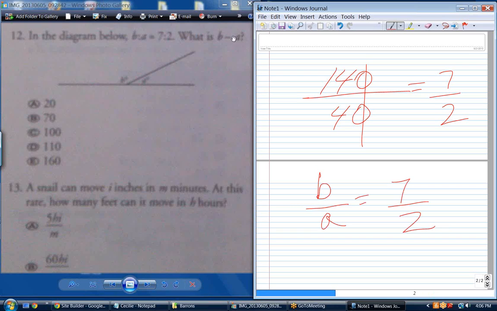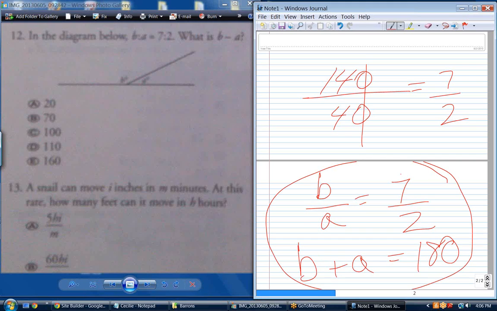And this one, they want to know what B minus A is. Well, we know that B plus A is 180. Between those two equations, we can calculate A or B, and we'll come up with the answer of 40.